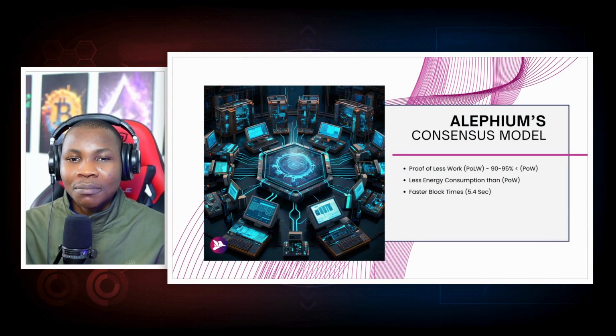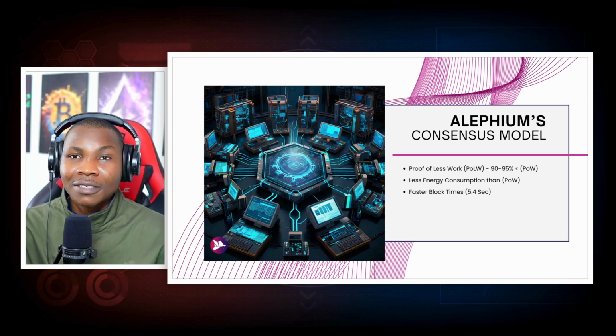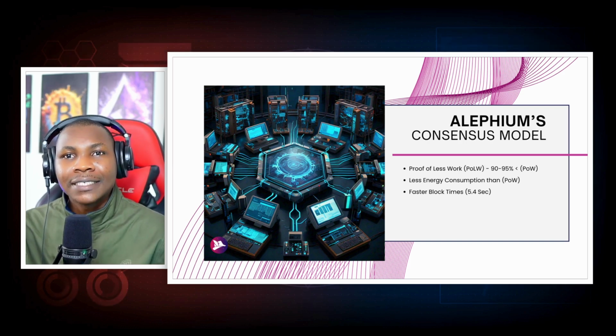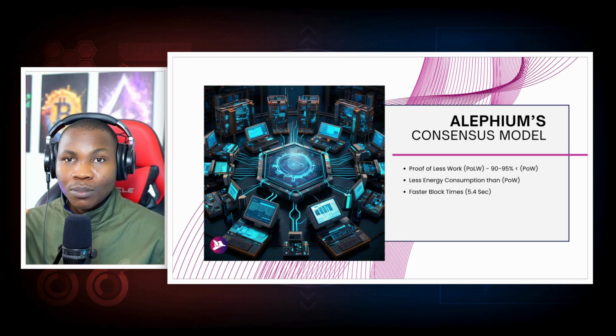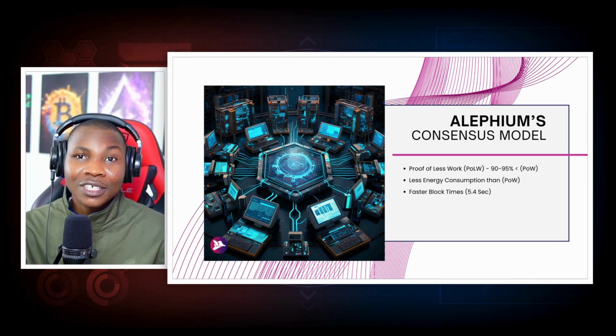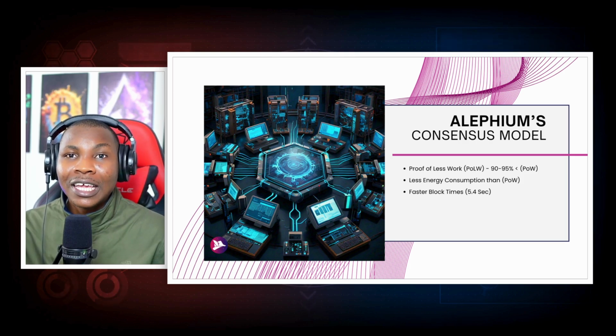So why is it important that the block creation time of a blockchain is low or is small? It's because that determines how fast the blockchain really is. So the Alephium blockchain has a faster block time. Block time is basically the time that it takes to create a new block on the blockchain. A block is created through mining. Mining is done through validation. Validation is achieved through the participating nodes.